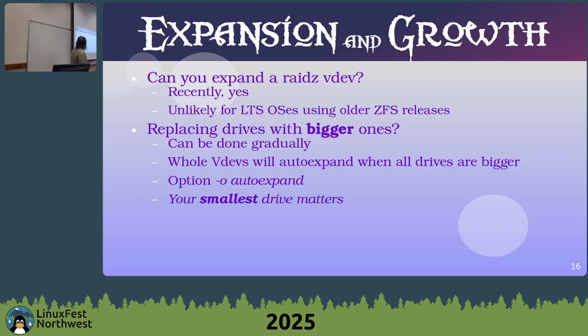So chassis with extra drive slots: if you have a disk sled and you're upgrading size and you have empty slots, you can add multiple VDEVs of disks at a time, and ZFS will continue to stripe across them.